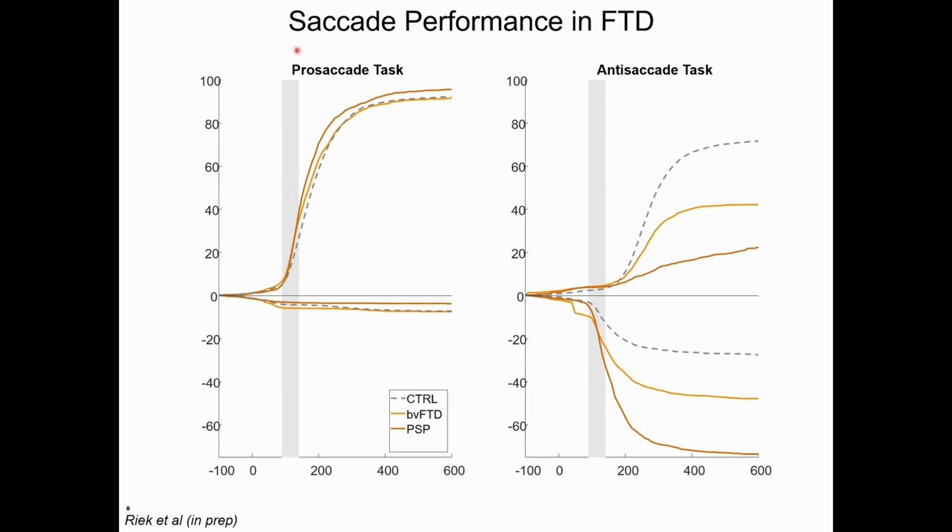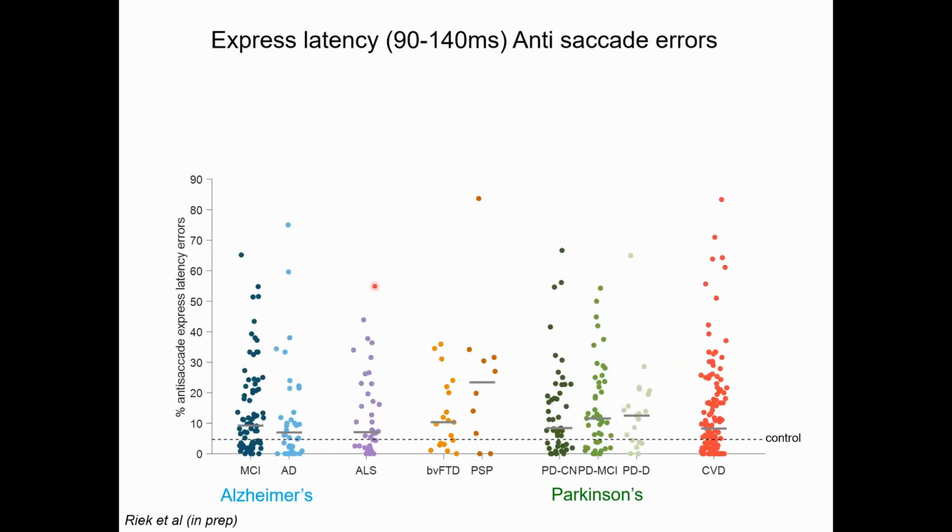And this is another cohort I won't even bother to identify here now. So these are the different cohorts that were in the study. And what I'm plotting here is the percentage of these express latency errors. The horizontal dashed line is where the control values are.